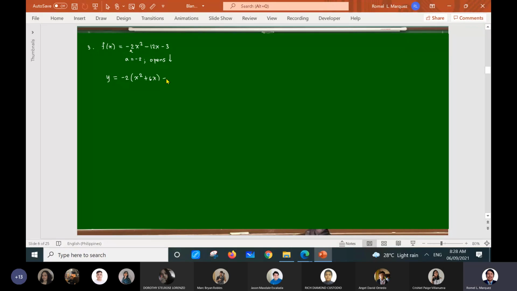Then minus 3. Then let's make it a perfect square trinomial by adding inside 9. Half the coefficient, then square it. Half of 6 is what? 3, square it, 9. So actually, what I added is -18. But I want it to be -3, so plus 15.